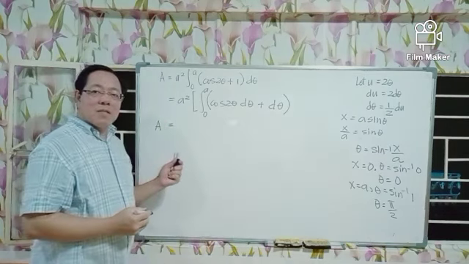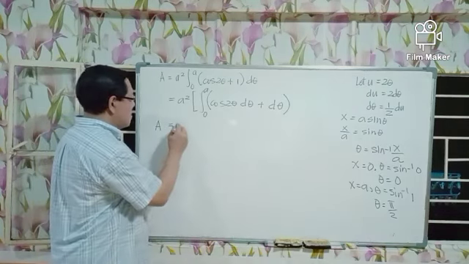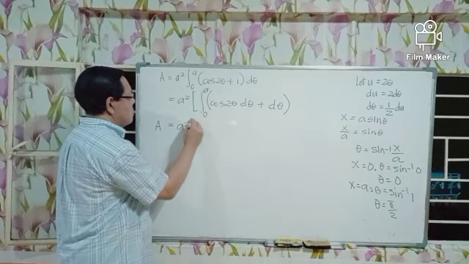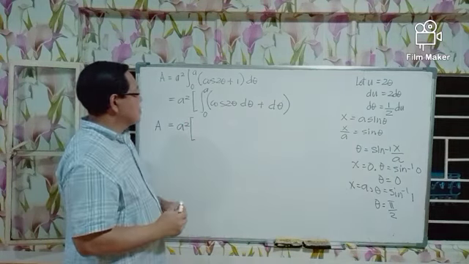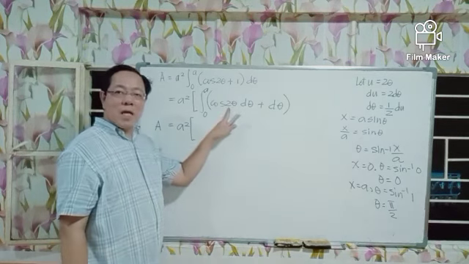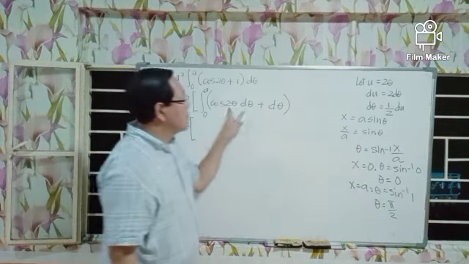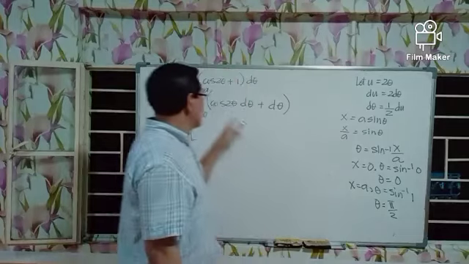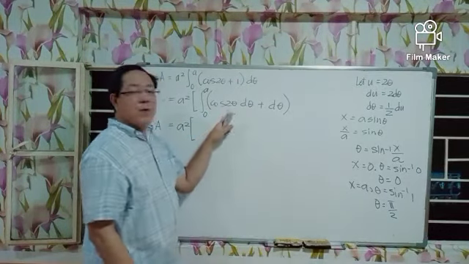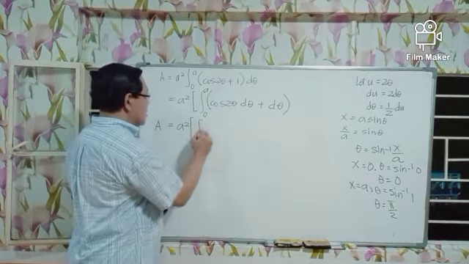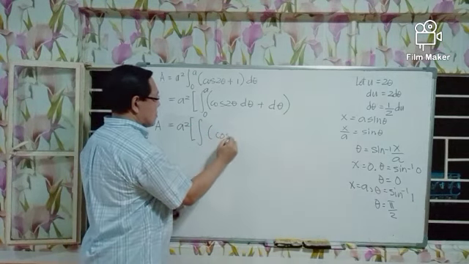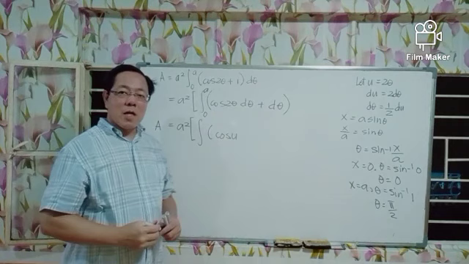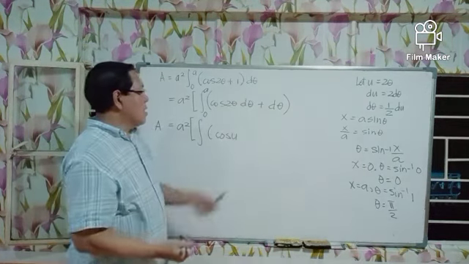And the area is now equal to a squared multiplied by, we now replace 2 theta with u, we have the integral of cosine of u multiplied by d theta.